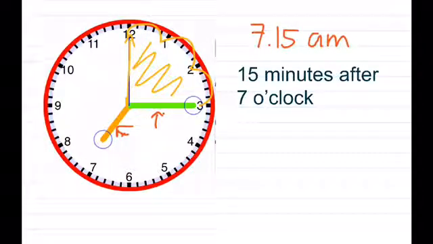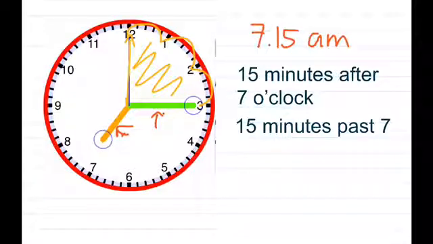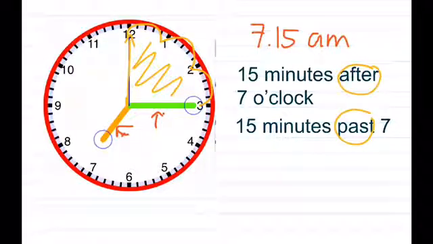Can you think of another way of saying 15 minutes after 7 o'clock? You can also say that 15 minutes after 7 o'clock is the same as 15 minutes past 7. Notice how the terms past and after are being used when the minute hand moves forward, following a clockwise direction going to number 3.